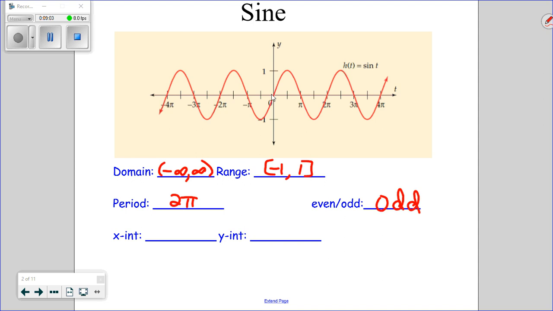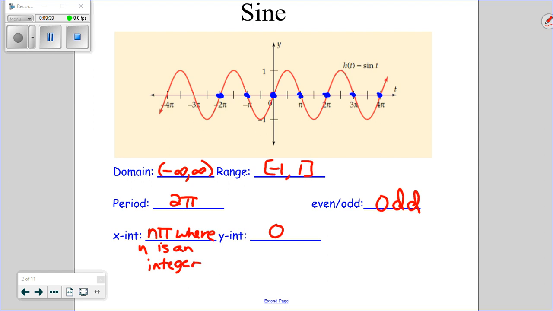Okay, now let's start with y-intercept. That's easy. Sine goes through the origin, so your y-intercept is 0. X-intercepts, again, they are infinite, so let's see if we can figure out a pattern. So it's kind of looking like 0, 1 pi, 2 pi, 3 pi, 4 pi. So how about if we just say n pi, where n is an integer.